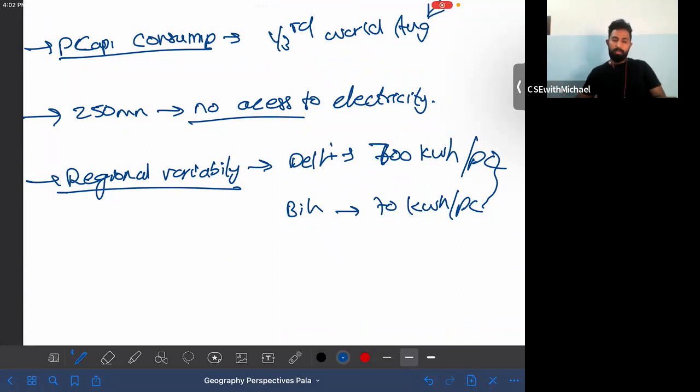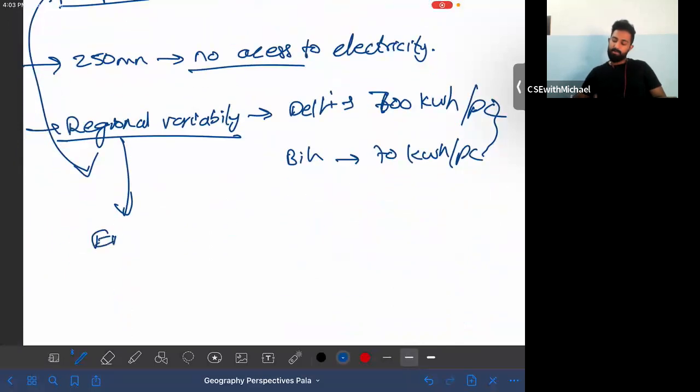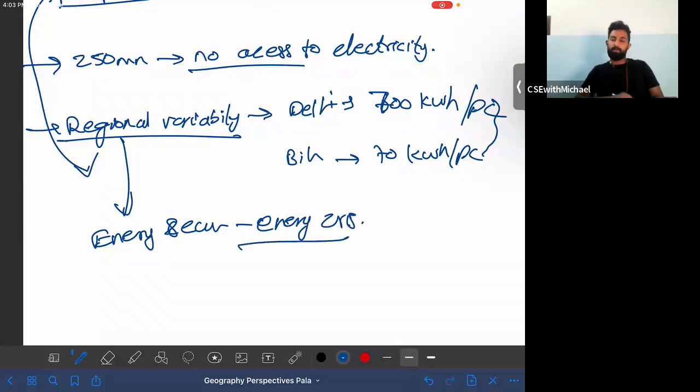Now, in India's case, in this context of regional variability and low per capita consumption, there comes the challenge of energy security in the form of energy crisis. Energy crisis is basically that crisis which reflects in lack of continuous availability of energy, caused by disruption of supply and also by increase in demand.